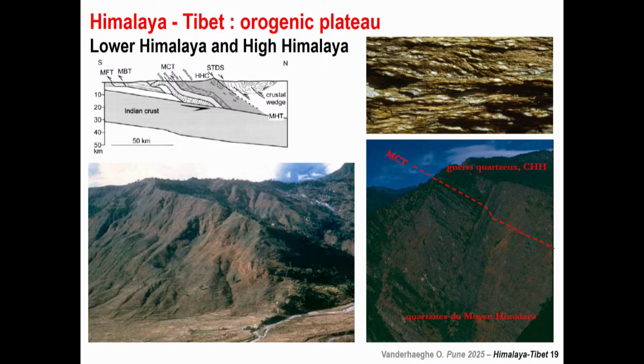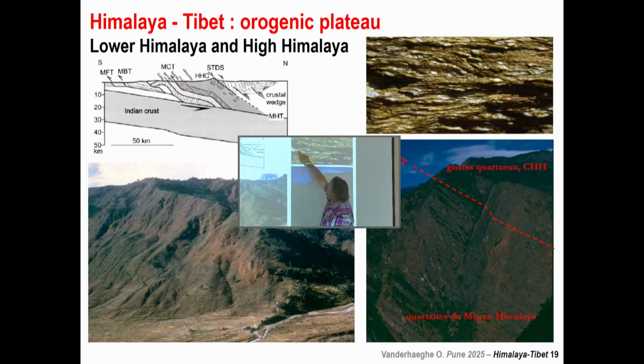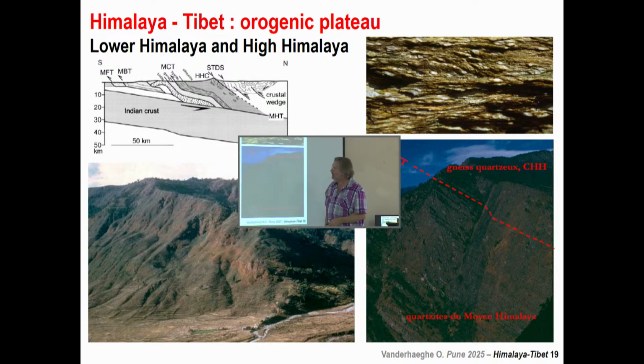Okay, so it's metamorphic rocks on top of non-metamorphic rocks. That's consistent with the thrust. But you can also look at the structures in these rocks, and you see this schistosity and shear bands, C and S. That's consistent also with thrusting.